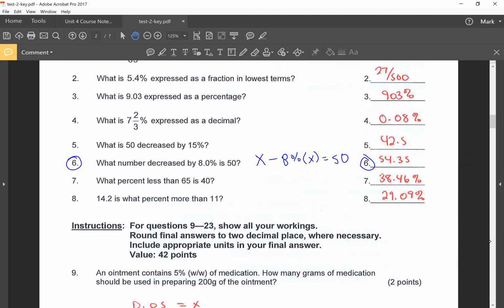Now, this is not exactly how you solve it, because of course you guys know I don't use percents in my calculations. I always use decimals. So I am going to change this, but first I want to explain where this comes from.